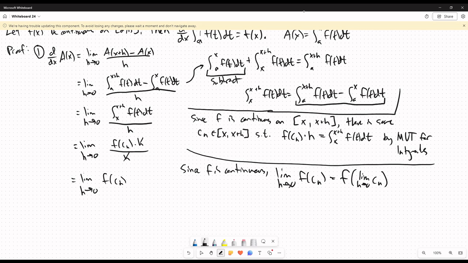And that's just the property that you can move a limit inside a continuous function. So let's go ahead and rewrite it there. Just c_h.